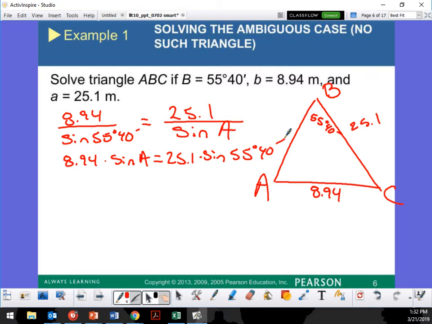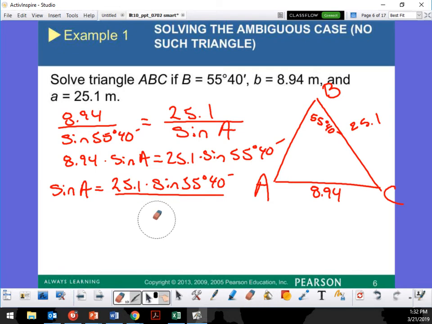So what would I do to the 8.94? Divide. Good. So sine of A is equal to 25.1 times sine of 55 degrees 40 minutes, all over 8.94. Now we're going to inverse, so I get A by itself. Remember, when I'm doing inverse, I replace this with all of that.